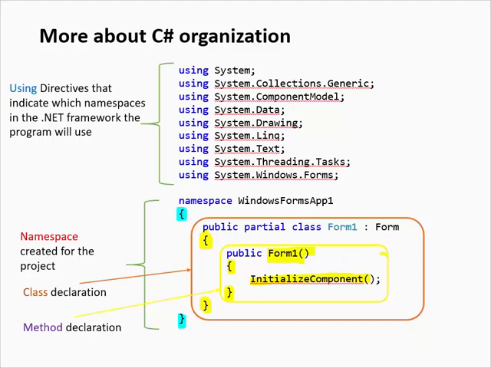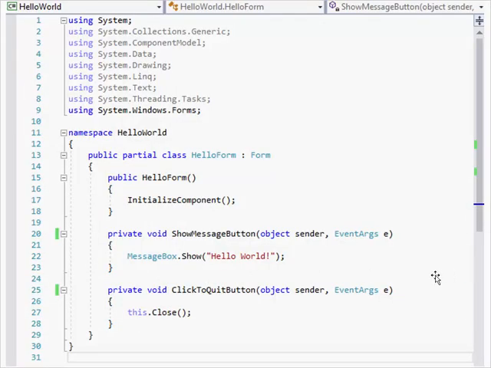So let's look at a little bit more of a program now. Here is our Hello World program that we did. So identify the parts of Hello World. Right here are our using directives.